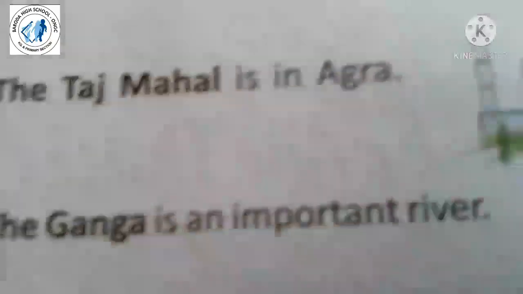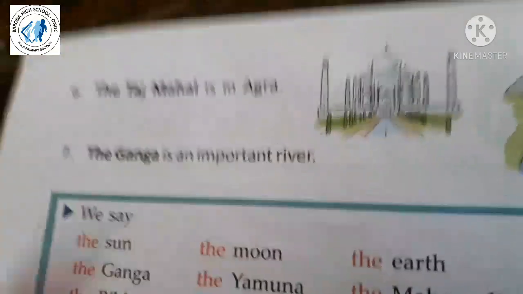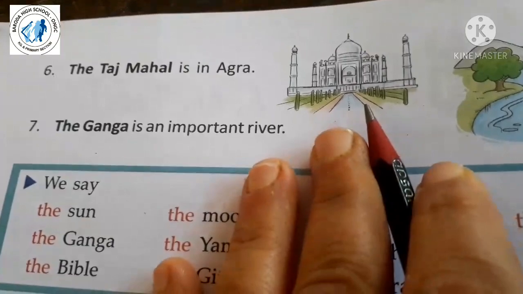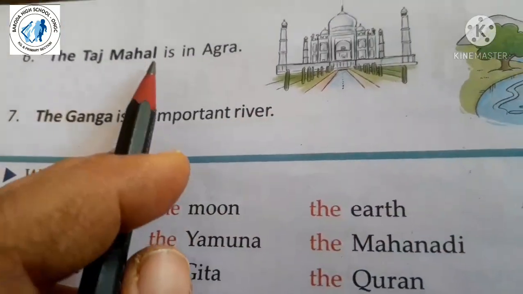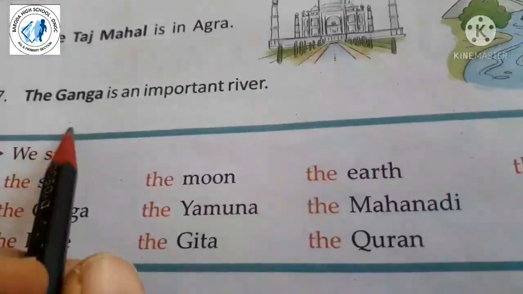Now see. The Taj Mahal is in Agra. The Ganga is an important river. Okay, so before the famous monument also we kept the. Before the name of a river we kept the.